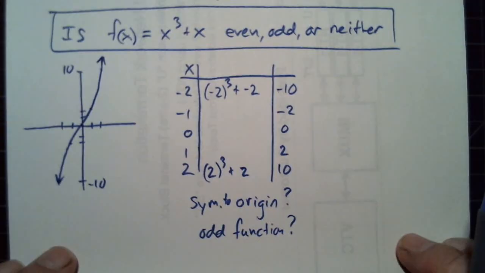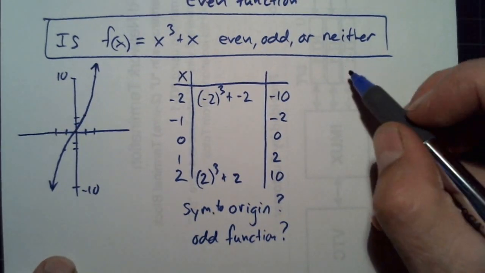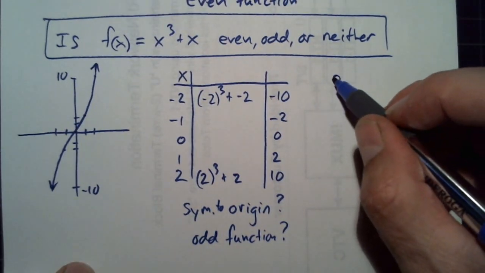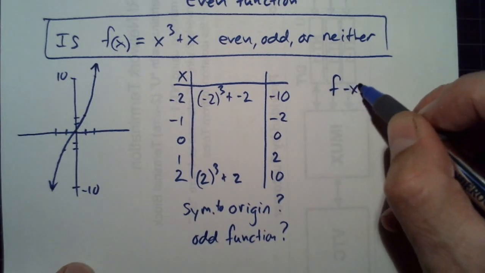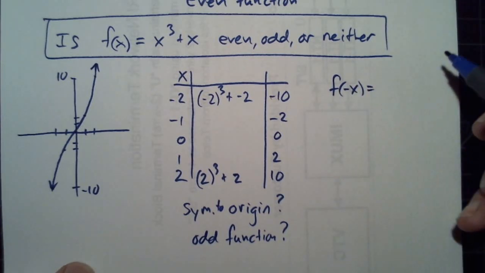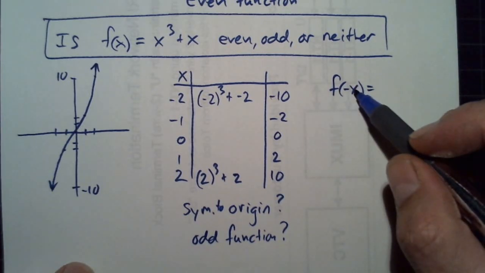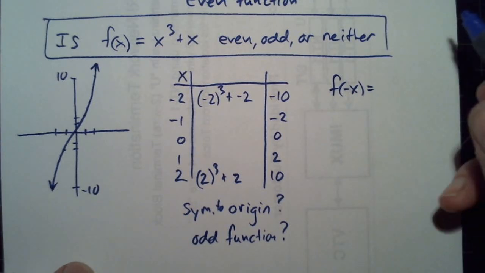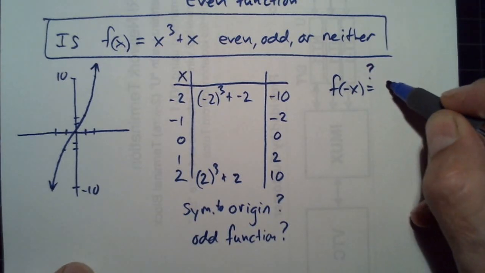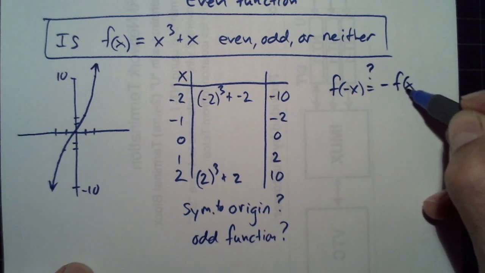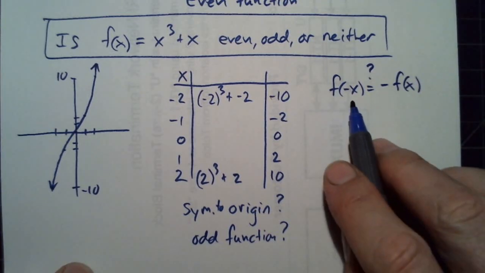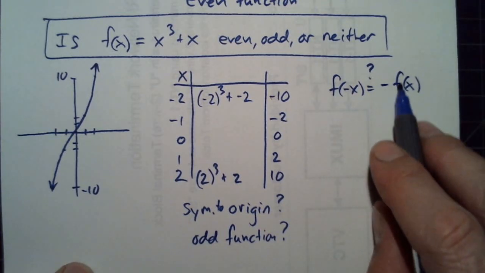Okay, so that looks like an odd function, but we have to check analytically by substituting a -x. And we want to know if we change the x, do we also change the y? If we change the x, do we also get a negative y value?